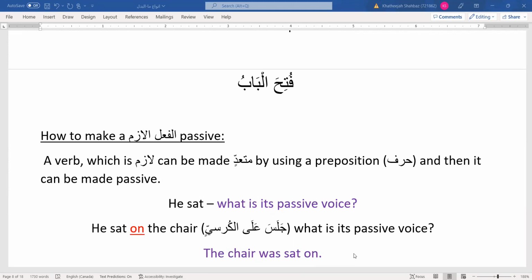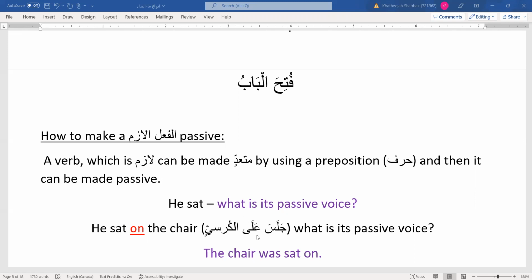So what really happened here? Did you see that we are now able to change a lazim fa'il into passive voice? Did we not? We have been successful in changing a lazim fa'il into passive voice. And how did we do that? By using a harf, on.